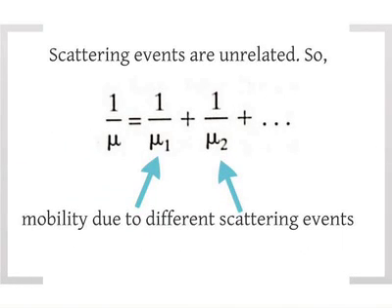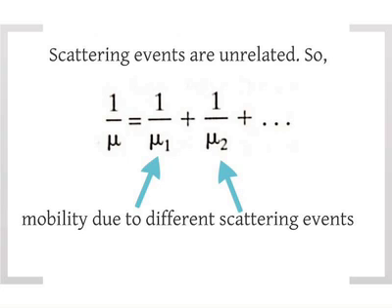Okay. The other few things we need to understand about mobility are that in the approximation that we will consider, the scattering events are unrelated. They're basically random. The fact that an electron scattered with this atom versus it will scatter with another atom downstream is completely unrelated because they're totally random processes, which means that we can define mobility for each different kind of scattering phenomena.